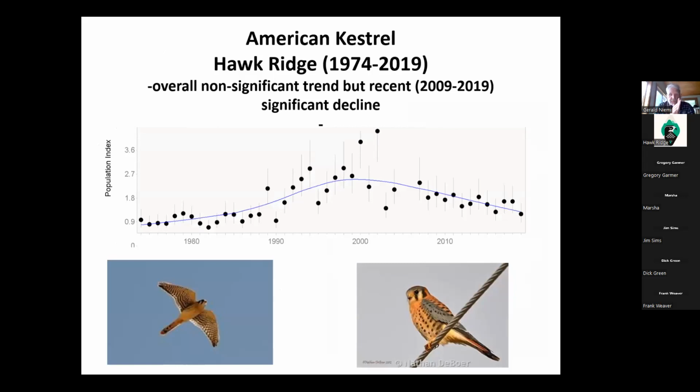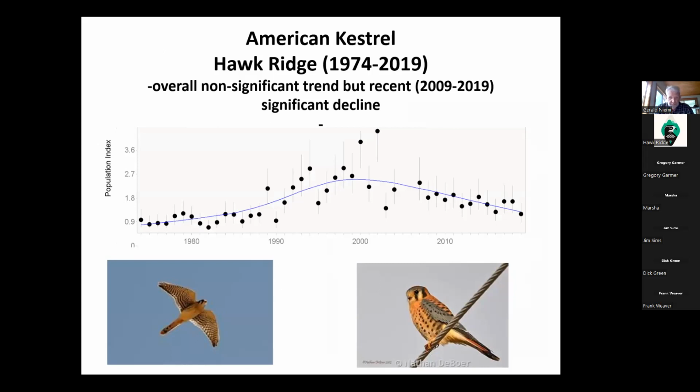So now we get to one species, the American kestrel, which is probably the most negative story we have about raptors today. In fact, just a couple of days ago, I got a big publication from the Journal of Raptor Research that's completely focused on the American kestrel and the concern over this species.